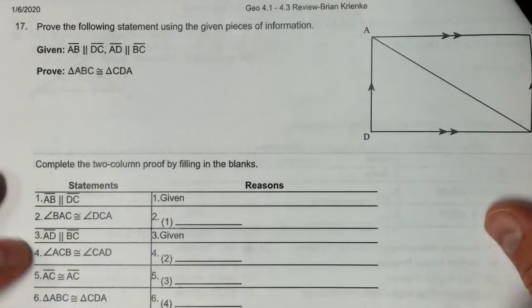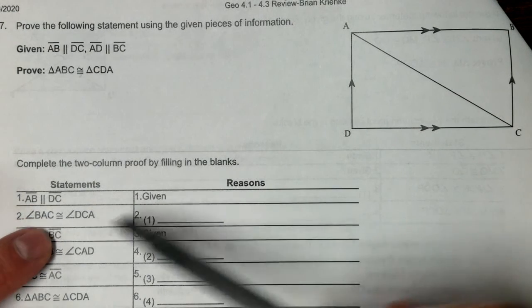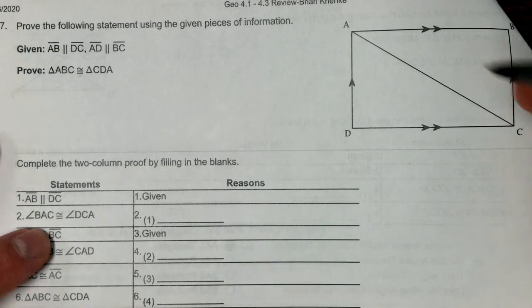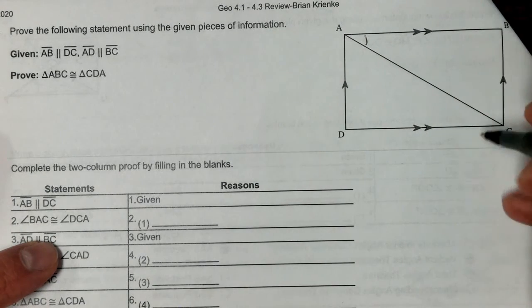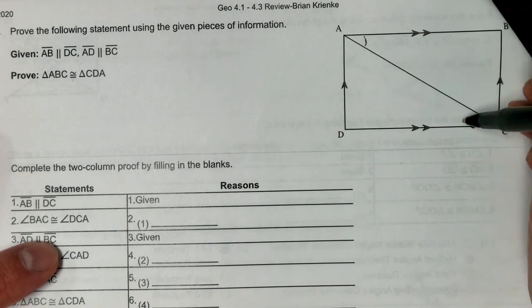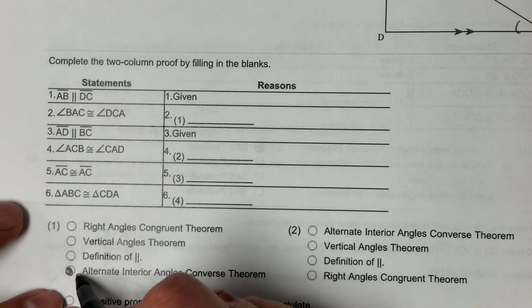Okay, so for number 17, we've got these parallel sides, which was given, so we've got these angles, BAC congruent to DCA. That would be alternate interior, so I'm choosing that one.